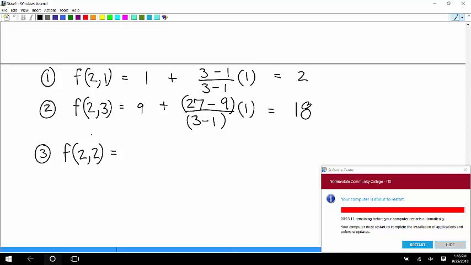So to do that, we're going to take f of 2, 1 plus f of 2, 3 minus f of 2, 1, divided by 3 minus 1, times delta y, and we get a value of 16 minus 2, 8, 10.